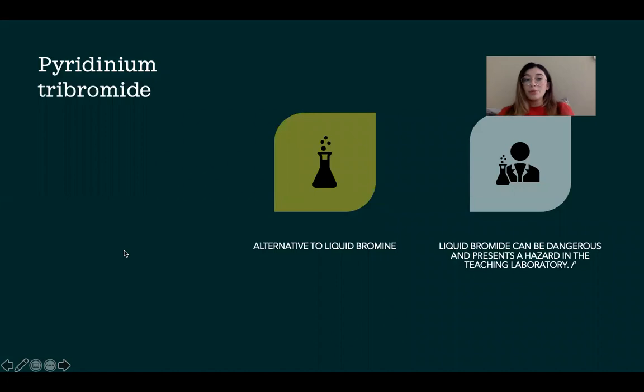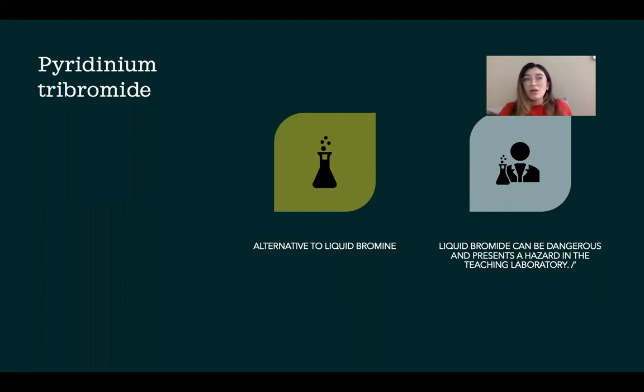We're going to be using pyridinium tribromide just because liquid bromine can be very dangerous in the lab setting for educational purposes. That's why we are going to be using this instead. Like I said, it's an alternative to liquid bromine. Liquid bromine presents a hazard in the teaching laboratory.